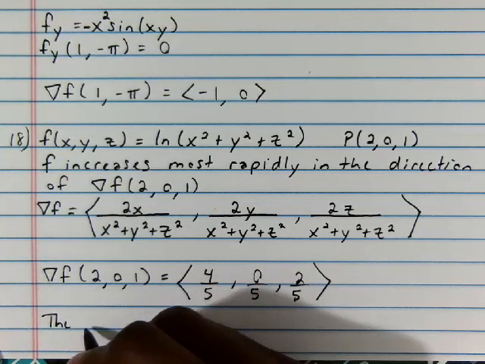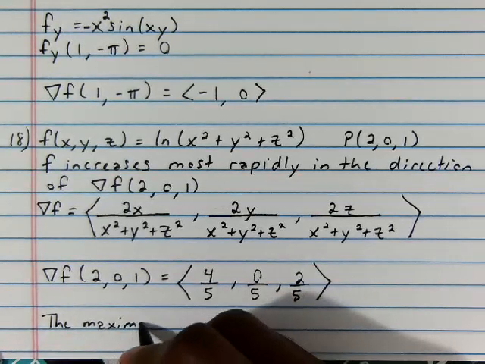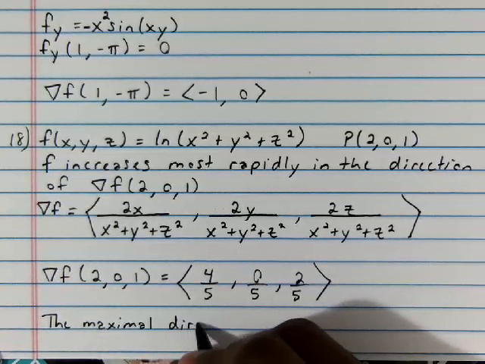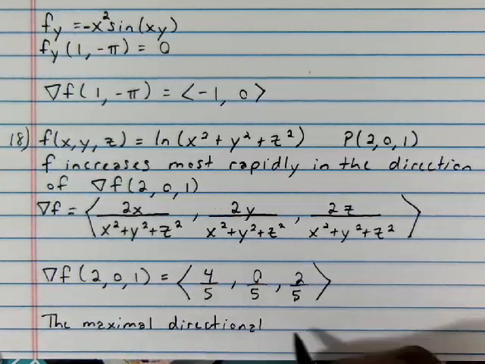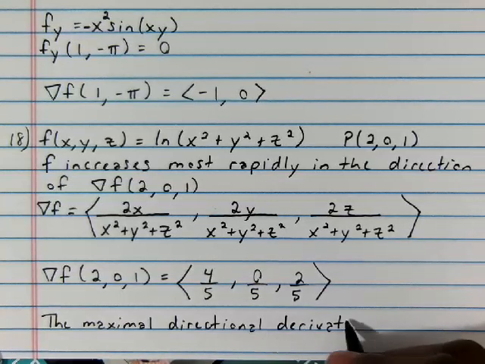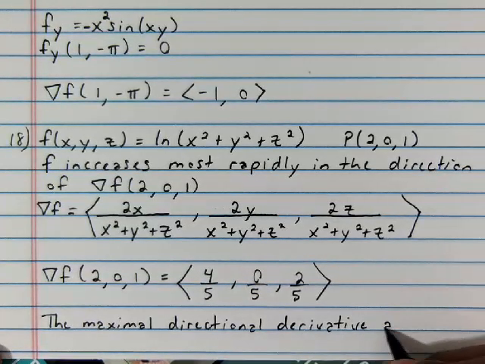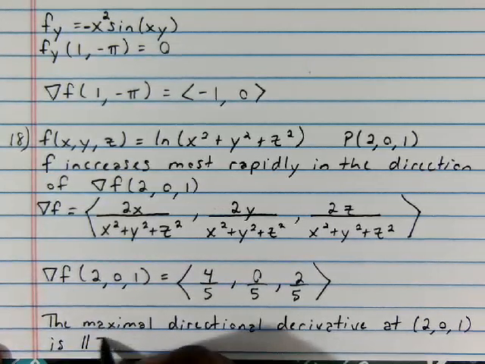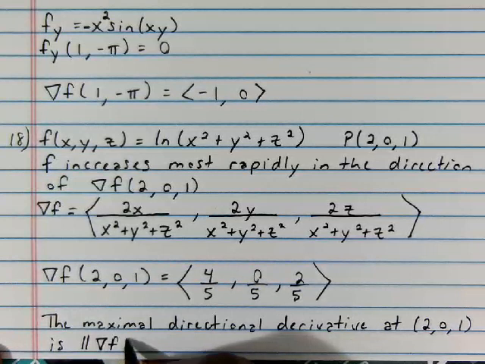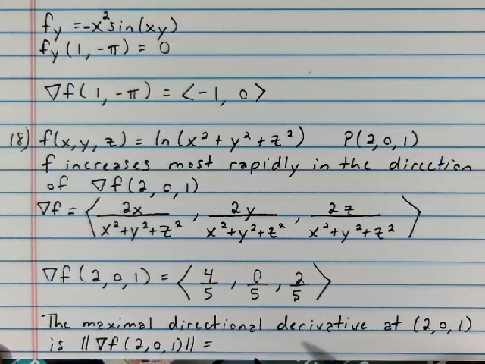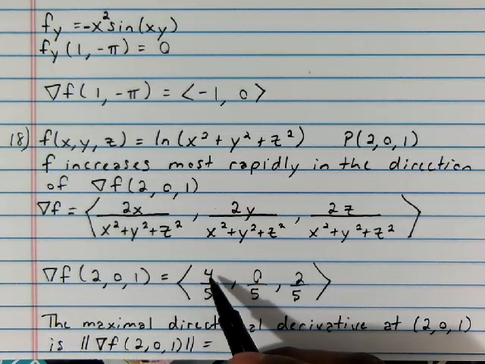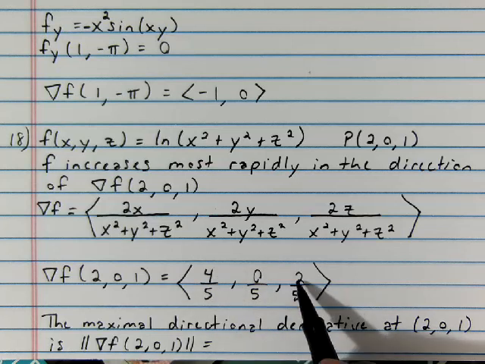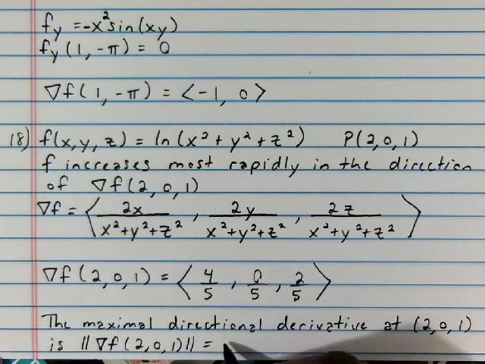So the maximal directional derivative at (2, 0, 1) is the length of the gradient of f at (2, 0, 1), which is going to be equal to the square root of 16 over 25 plus 4 over 25, so the square root of 20 over 25.